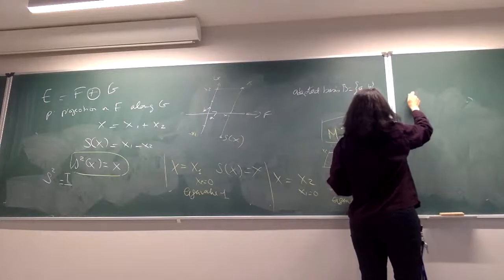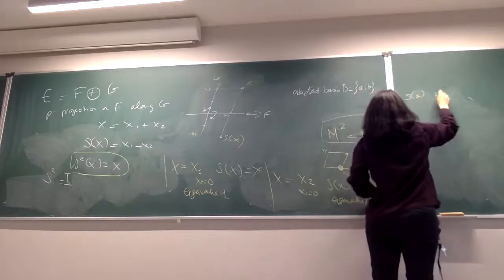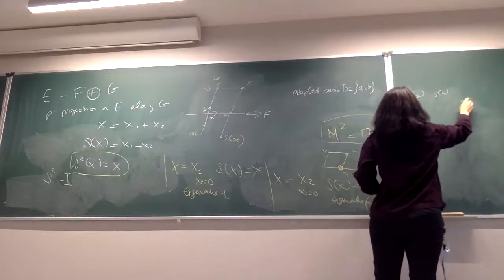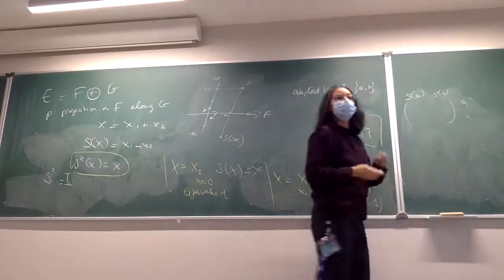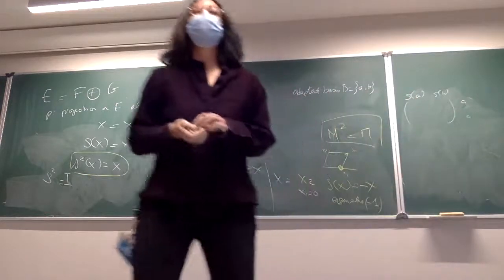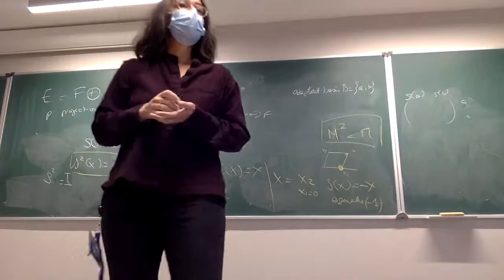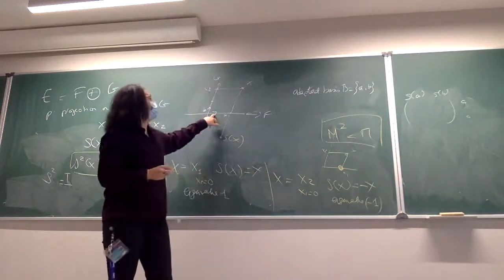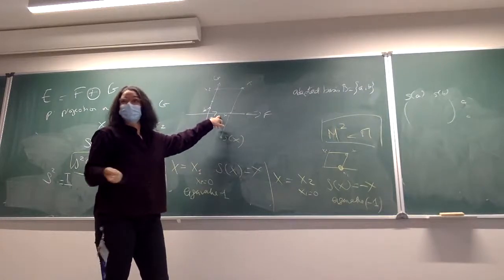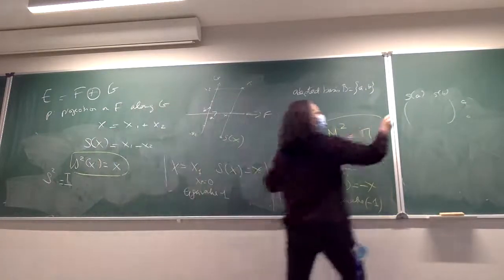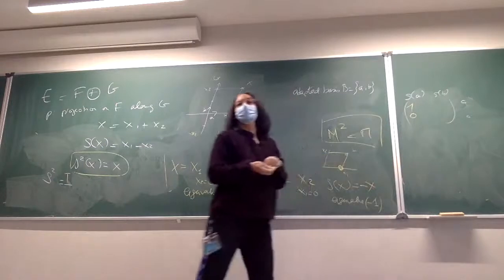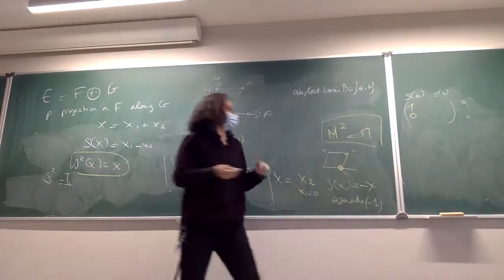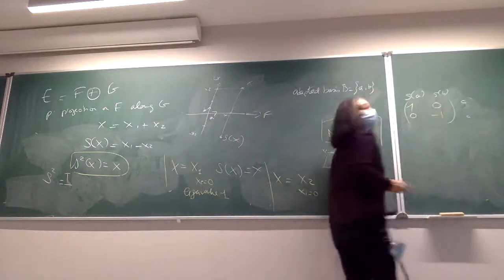So what's the matrix of my symmetry? What do I get on the first column? S of A: 1, 0, yeah, it's itself. And S of B.